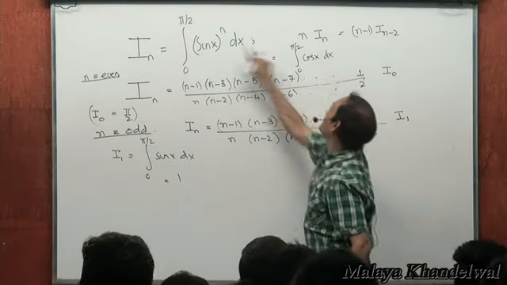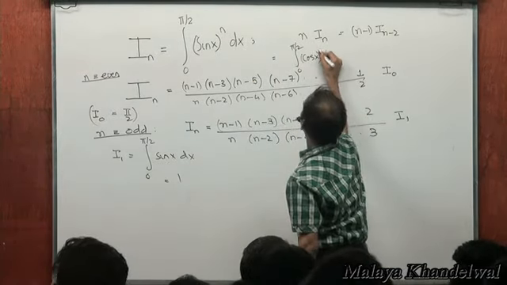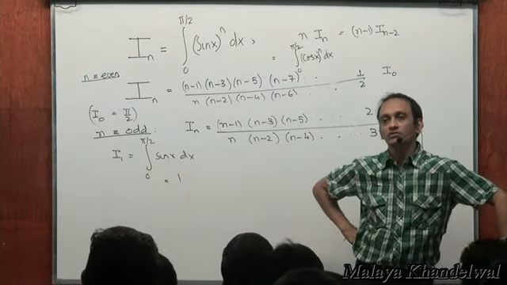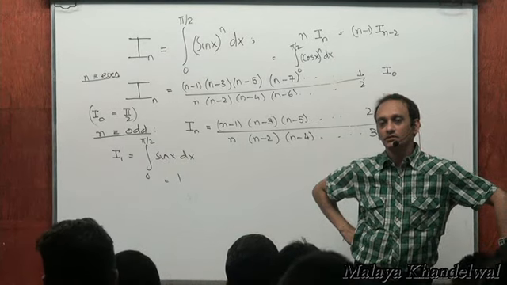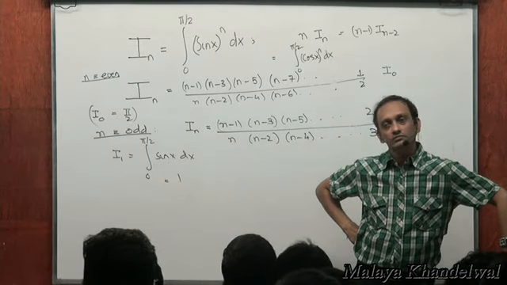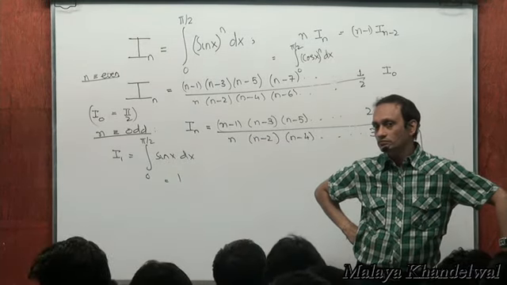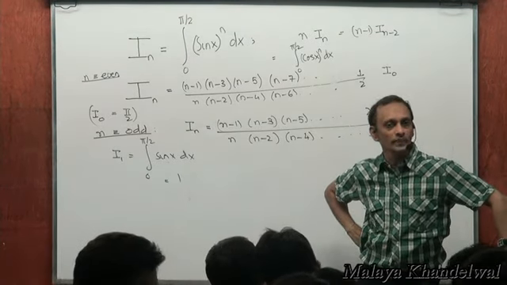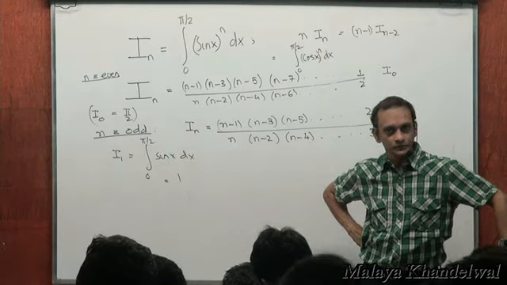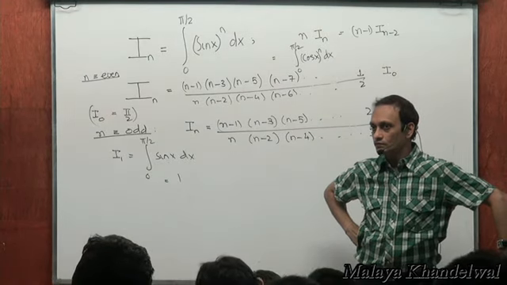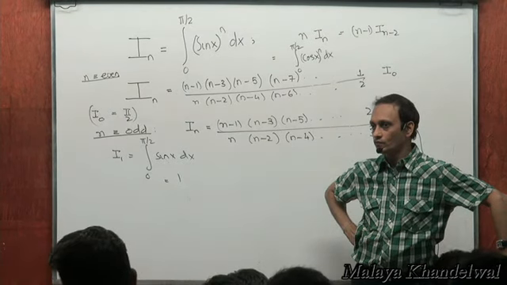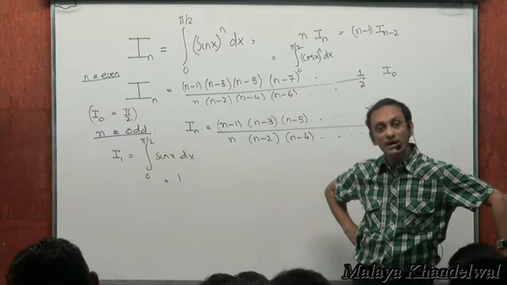So sine of (90 minus x) will make it cos x to the power n dx, 0 to pi by 2. So the same result holds for cos x to the power n, 0 to pi by 2. A must-remember result.